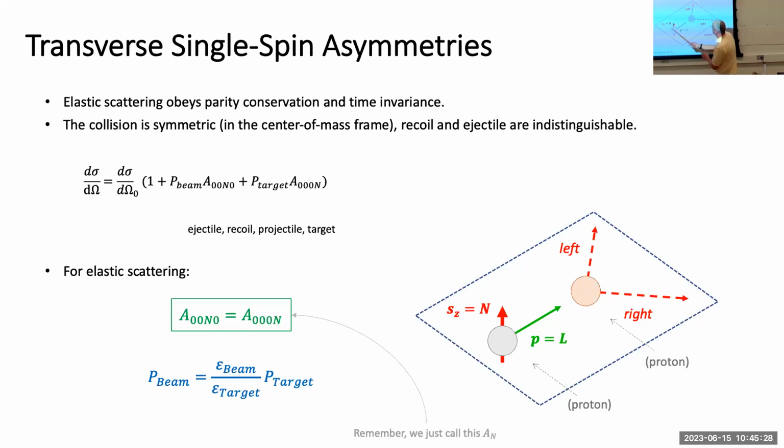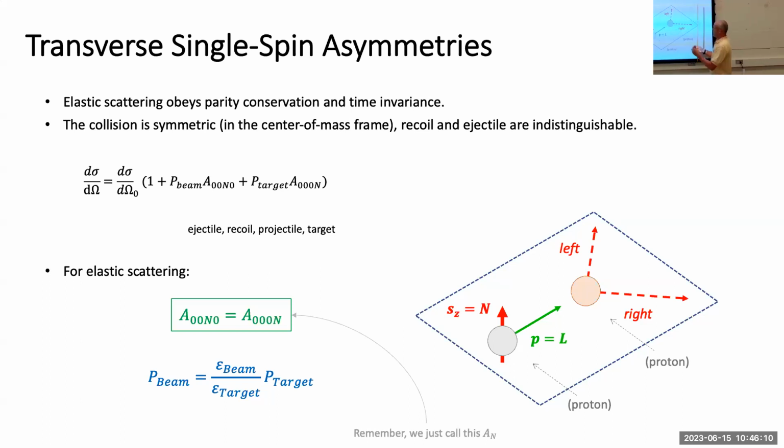So then if this beam is polarized and the scattering particle tends to go more to the left than to the right, we can flip this picture around. If the target is polarized and the beam hits it, the target would tend to go more to its left also, right? Because the beam tends to go this way. So the target would tend to go that way if it's polarized, which essentially means that the A000N, this analyzing power, is exactly the same as the one where the beam is polarized.